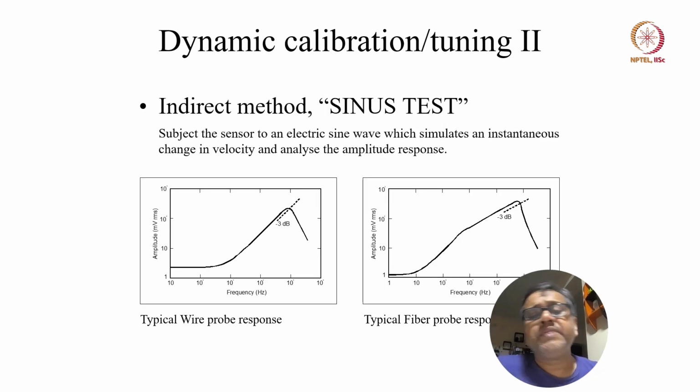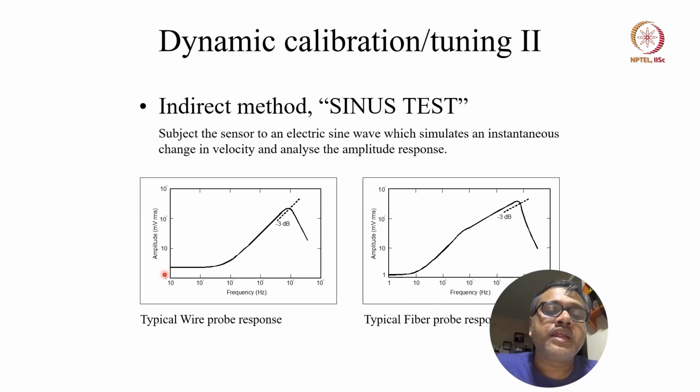So there are indirect methods which are also called the sinus test. You subject the sensor to an electric sine wave which simulates an instantaneous change in velocity, and you analyze the amplitude response. So this is another way. You use an electric sine wave to create the same type of velocity changes. This is artificial, and then you see the amplitude and how the response is working.